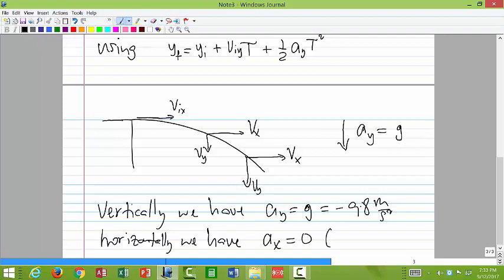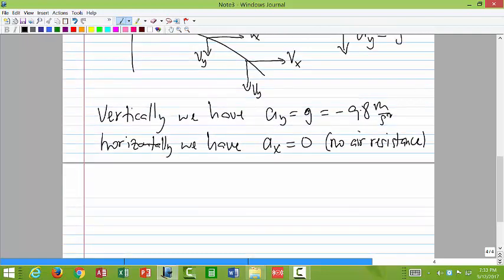We are talking of no air resistance, so there is no horizontal acceleration. There is no air resistance in the vertical or horizontal direction, of course, but the vertical component is accelerated by gravity.